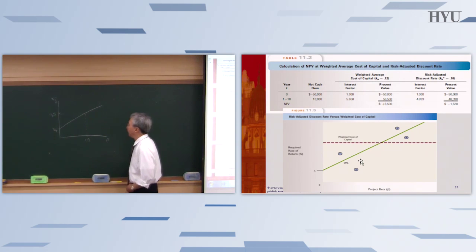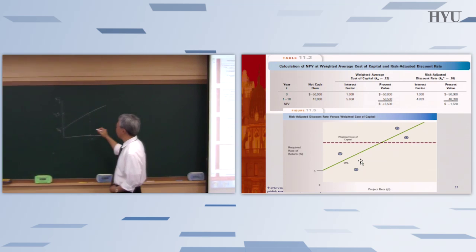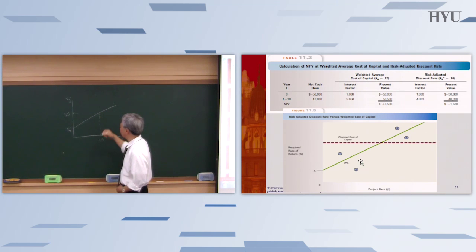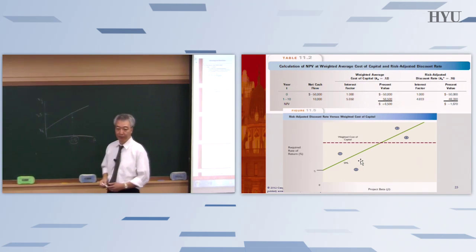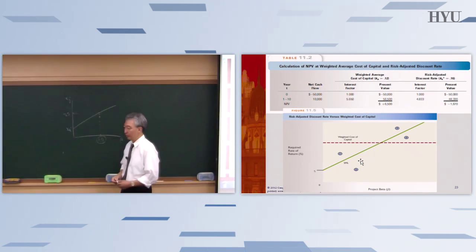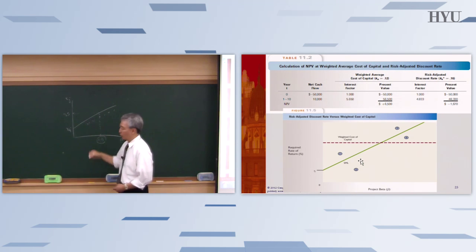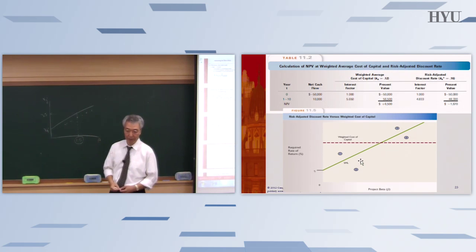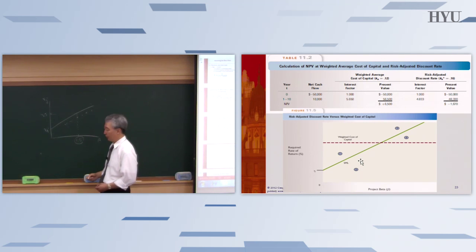If any investment has 1.5 beta, but the rate of return is below 3.5, then that is considered inadequate. The rate of return is not high enough to compensate for the risk. So any investment below the security market line should not be accepted. So that's the idea.